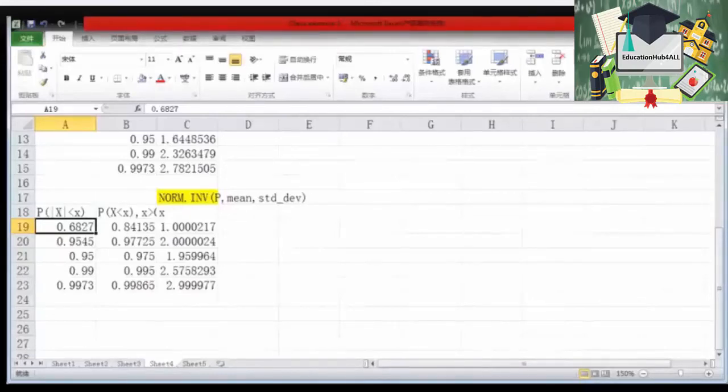So how large is this area? What's the whole area under this curve?